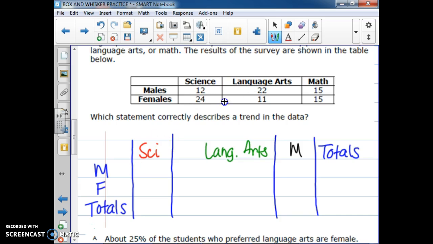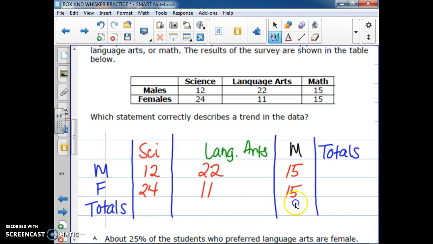The top two rows are going to be the same as they are up here. There are 12 males that like science, 24 females that like science. Language arts, there are 22 males that like language arts and 11 females that like language arts. And for math, there are equal amounts of males and females that like math.